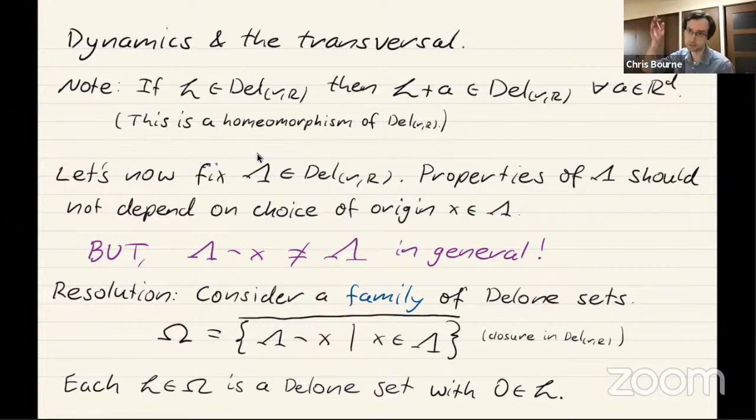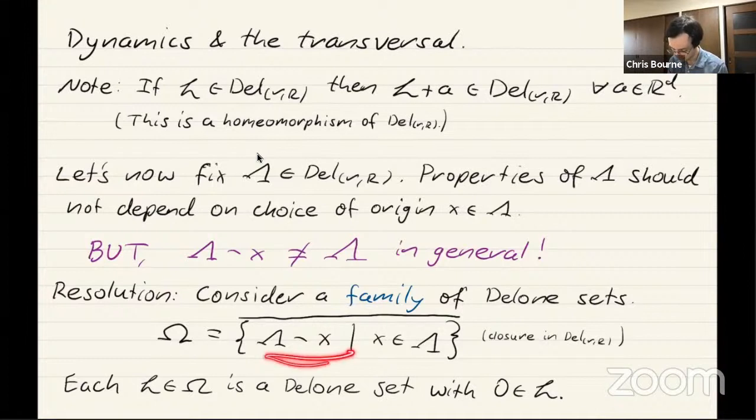So how do you resolve this? Well, one way to do this is, rather than have just a single Delone set lambda, we consider a collection or a family. So I define this new space omega, which is going to be just the set.